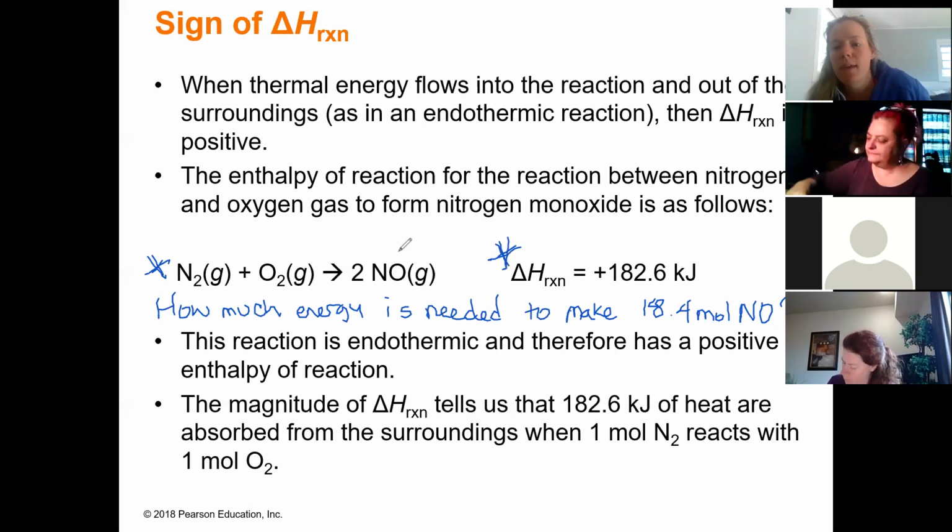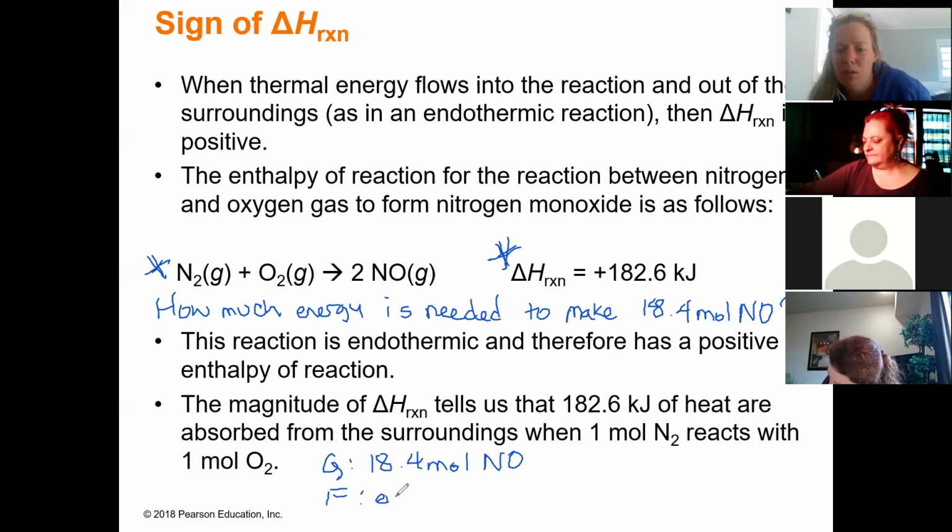So with this, I'm going to write this down here. I'm given that I have 18.4 moles of NO, and I want to find energy. If it doesn't explicitly tell you what the unit is, you can just go with whatever this unit is, so we'll go with energy in kilojoules.